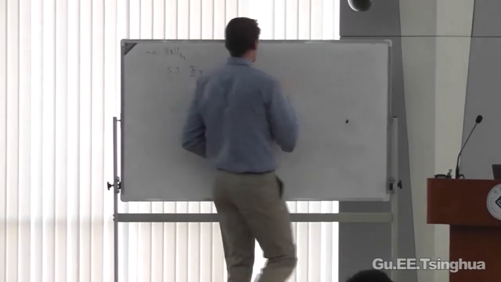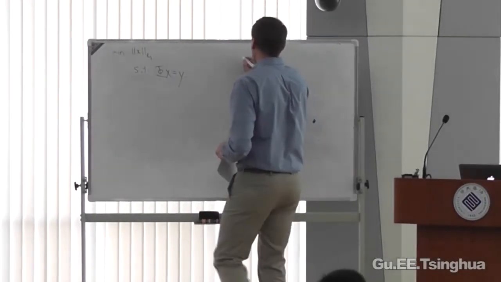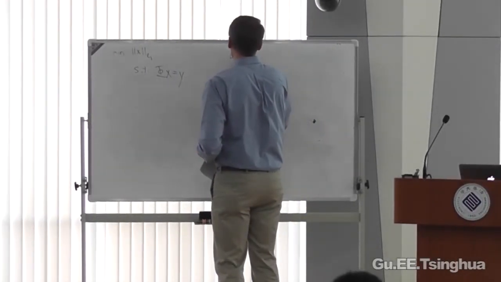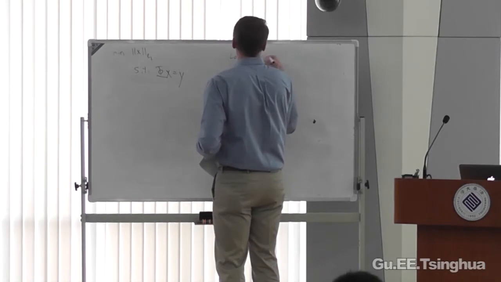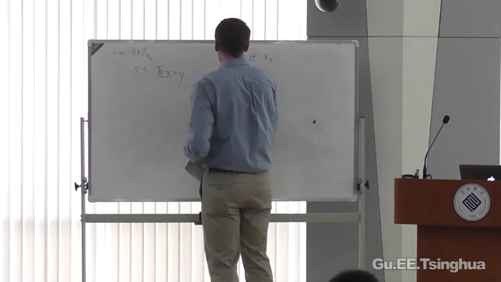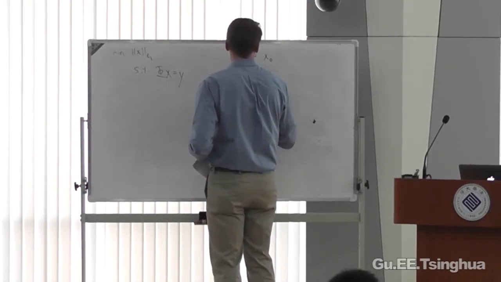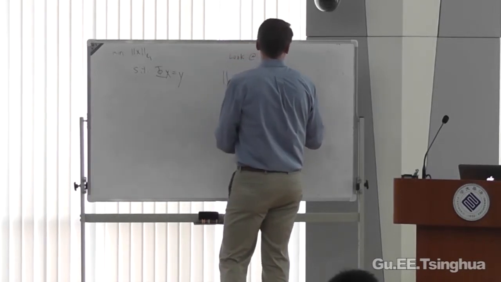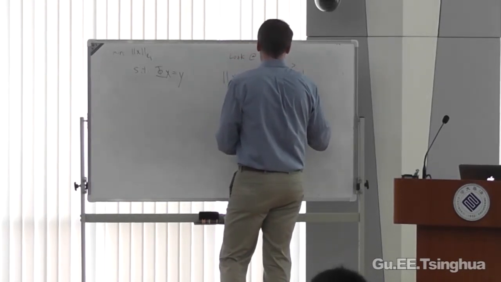And what we did is we looked at our given vector x naught, and we said, okay, if we add a vector h to this, does it decrease the L1 norm?